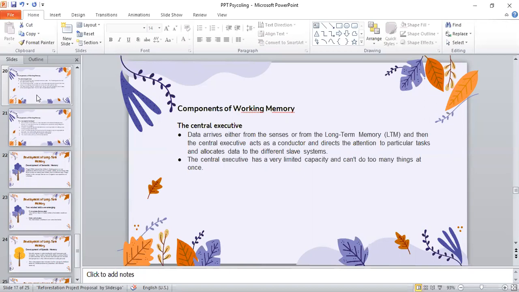Second, the central executive has a very limited capacity and can't do too many things at once.